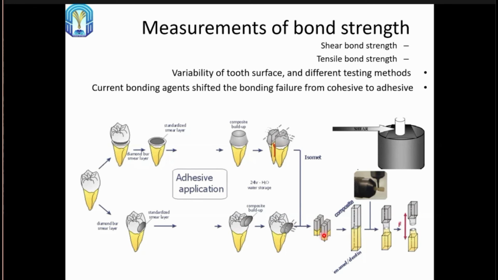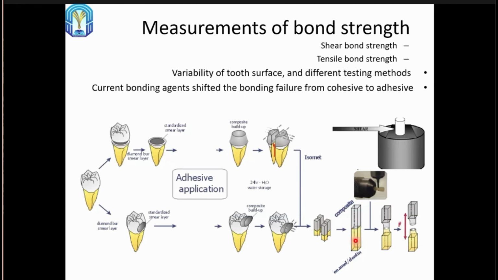Each slice we get has filling material or composite material bonded to the tooth structure. Gray is material, yellow is tooth structure. And this is a sample ready for testing.